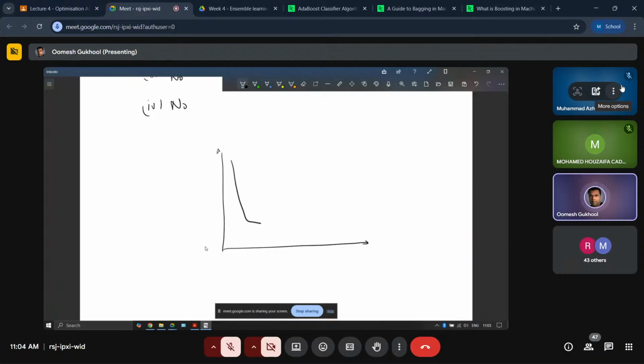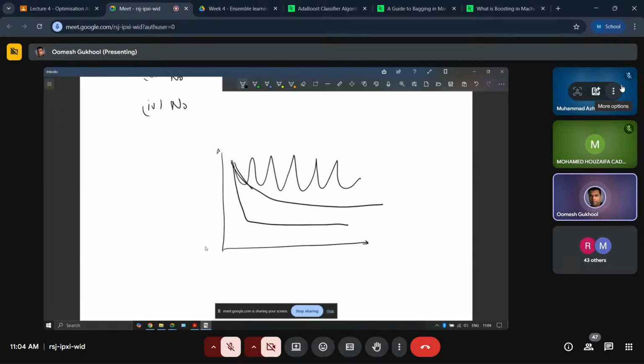If it does like this, it's converging too quickly. If it's doing like this, it's not converging at all, and it's neither intensifying nor diversifying. It's not exploiting nor exploring. If it does like this, that's also a problem: it's diversifying a lot more than intensifying.